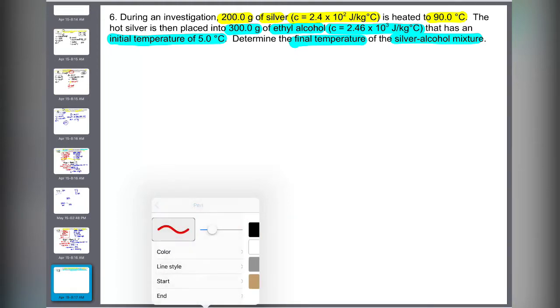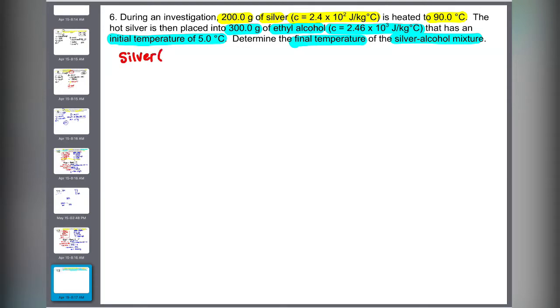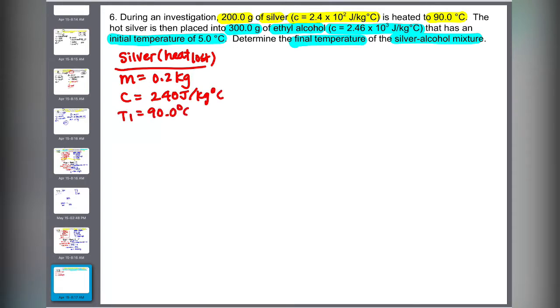Okay. All right. So silver is the one that's going through the heat loss. Silver has a mass of 0.2 kilogram with a specific heat of 240 joules per kilogram degree Celsius. It was heated to 90. I do not know what the T2 is.